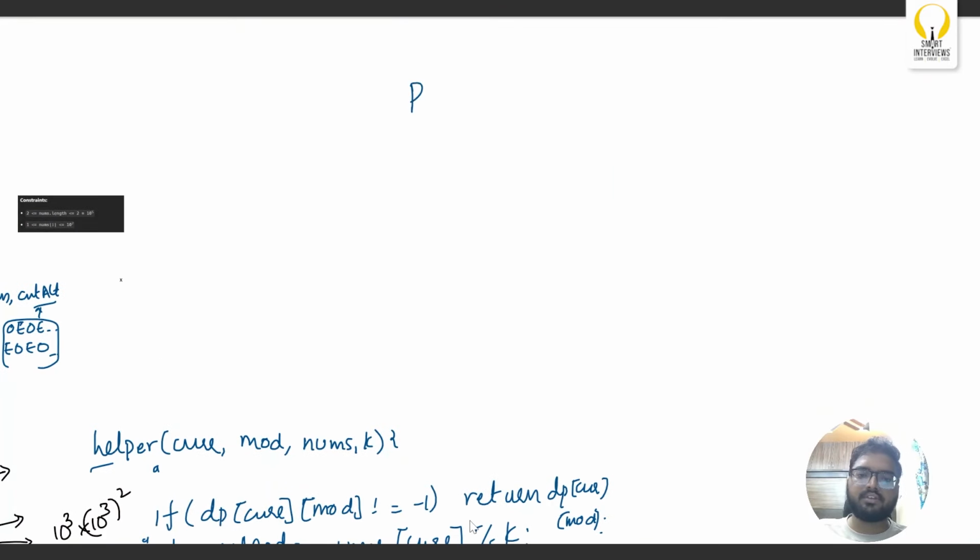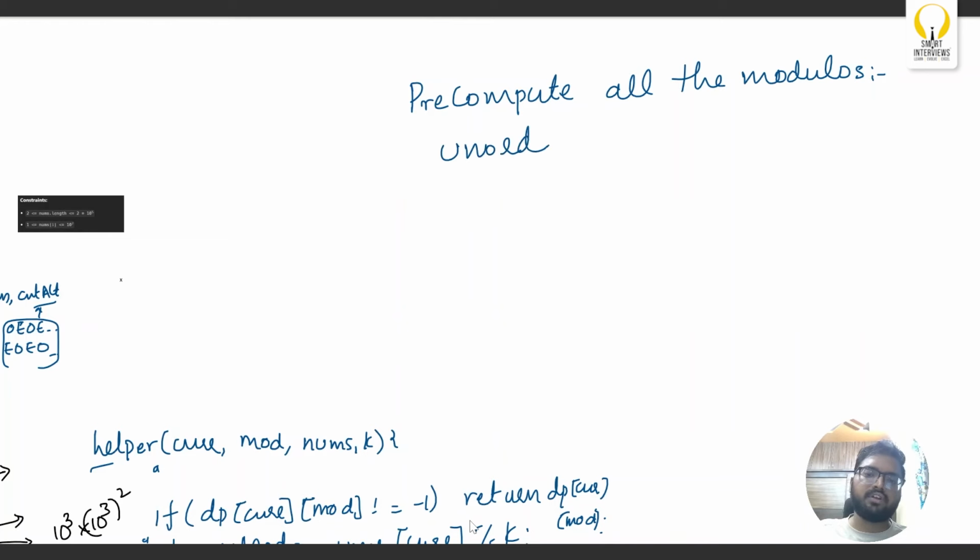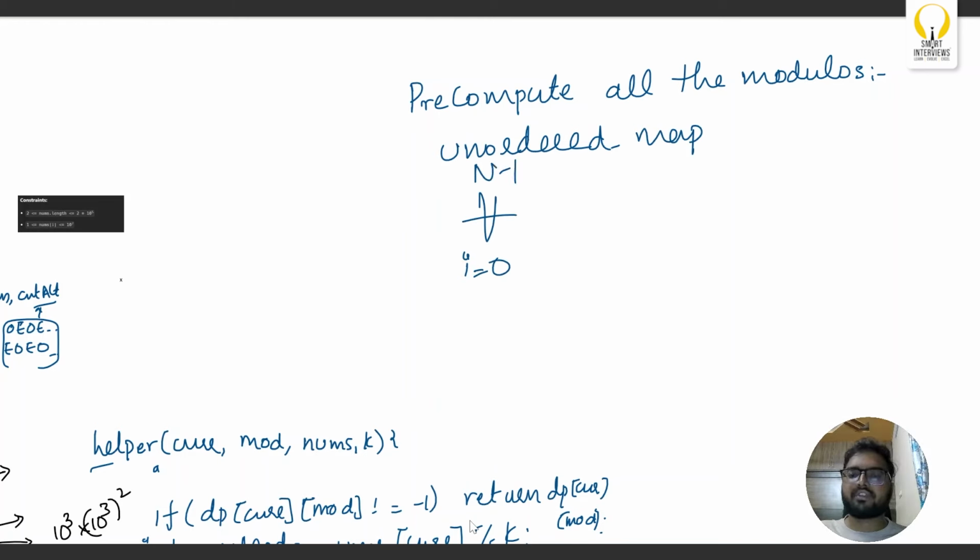So first thing, pre-compute all the modulus. What you can use is a map, an unordered map. Let's say if you are using an unordered map, you can traverse from i equals 0 to n minus 1, and simply use map of array of i modulus k plus plus.